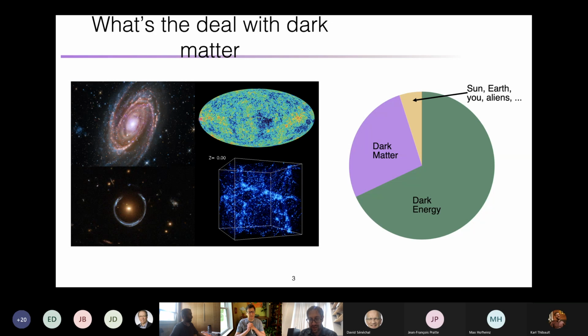So all of these things say that there should be something out there, and there are a lot of different explanations, everywhere from some heavy particle that's stable to black holes, to the type of dark matter that we'll talk about, which is sometimes called light dark matter.